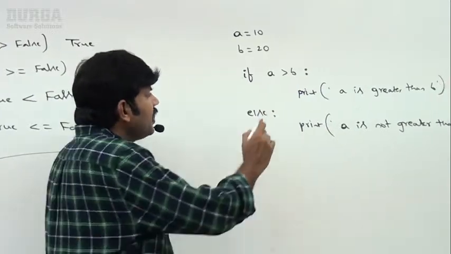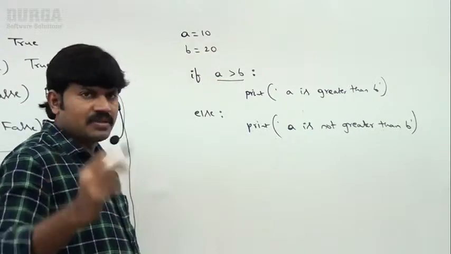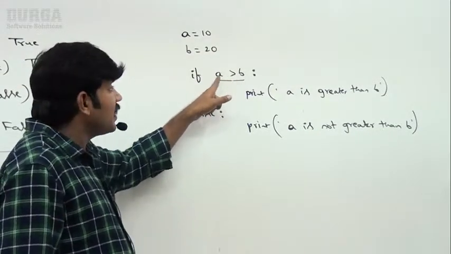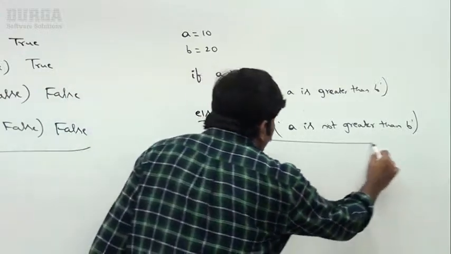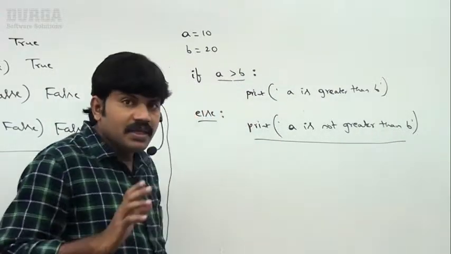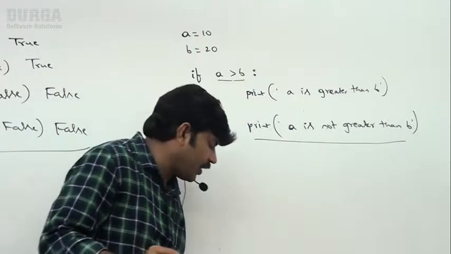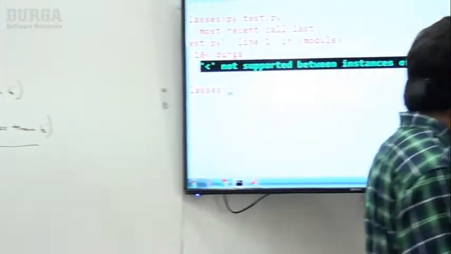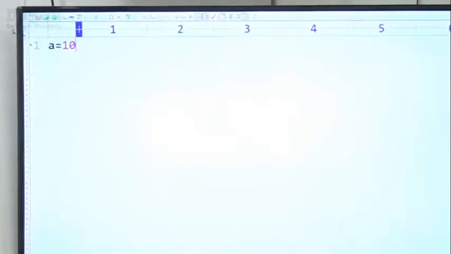Sir, very simple. Is this condition true or not? 10 greater than 20. No, this condition fails. If this condition fails, the else part is going to execute. Else means what output do I have to get, sir? A is not greater than B. This is the answer I have to get. Let me execute this code. Observe carefully, sir. A is equal to 10, B is equal to 20.